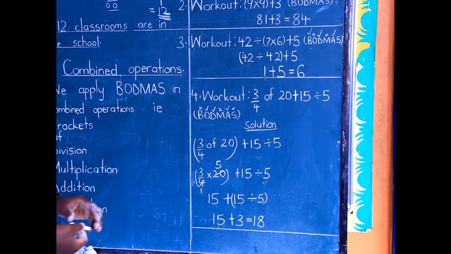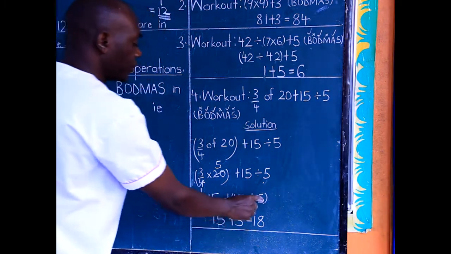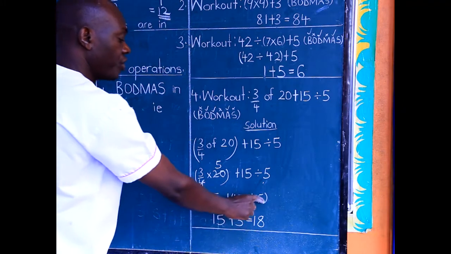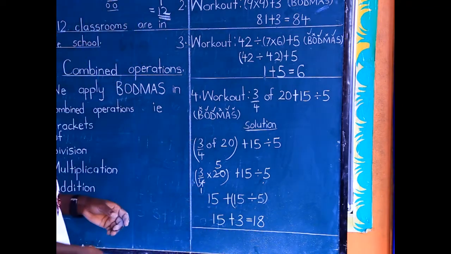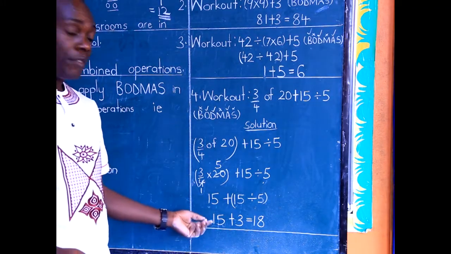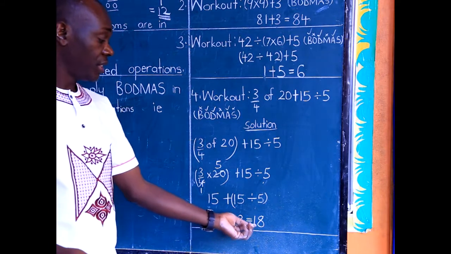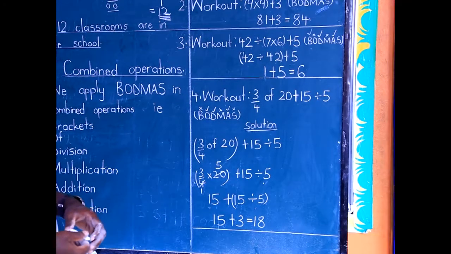So now we divide 15 by 5. 15 divided by 5, you get 3. So now 15 plus 3, no more consultation to BODMAS. So we go 15 plus 3, which is equal to 18. And in so doing, you have got the answer right.